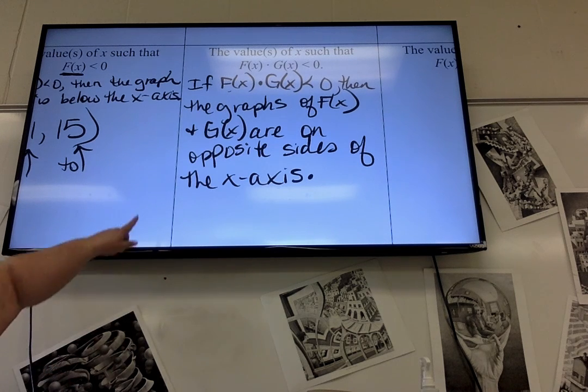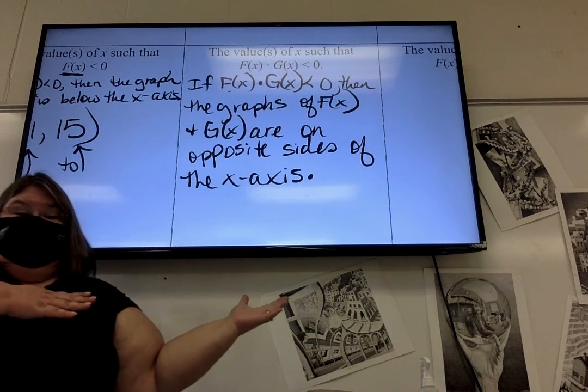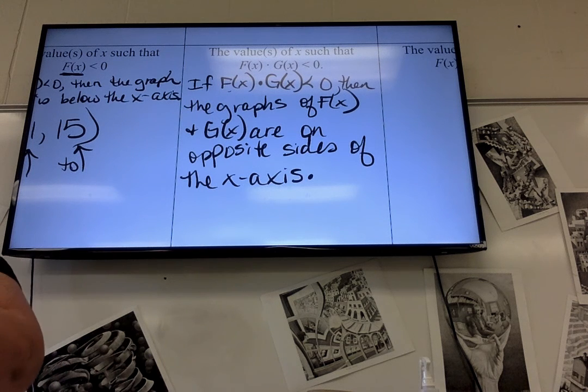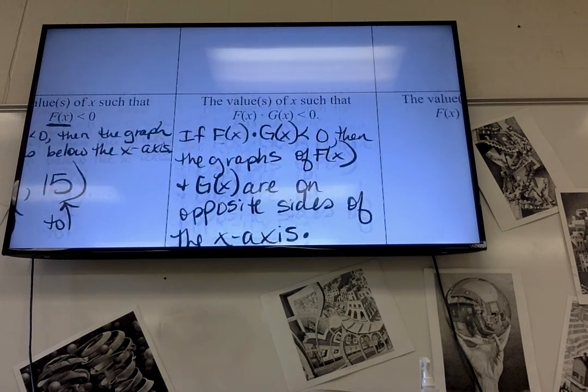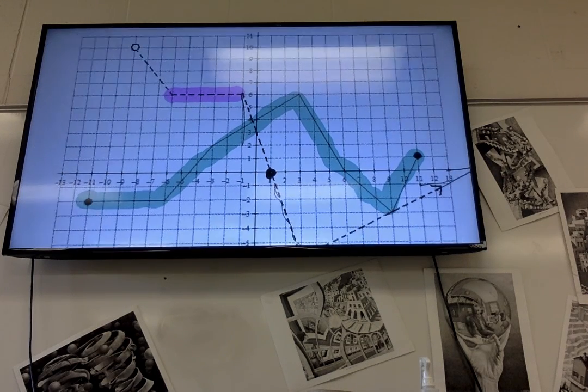That's why this is saying they have to be on opposite sides. One of them is going to have to be on the positive side, and one of them is going to have to be on the negative side. And those are the opposite sides of the x-axis. So either the up part or the down part, and this is for each graph. So the green graph and the dotted graph.